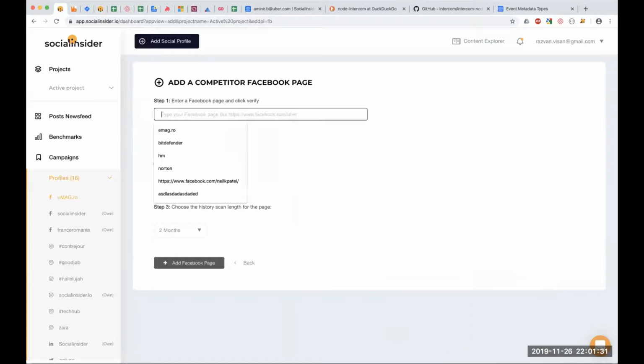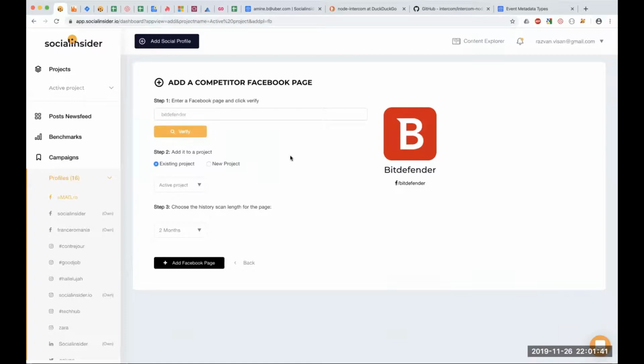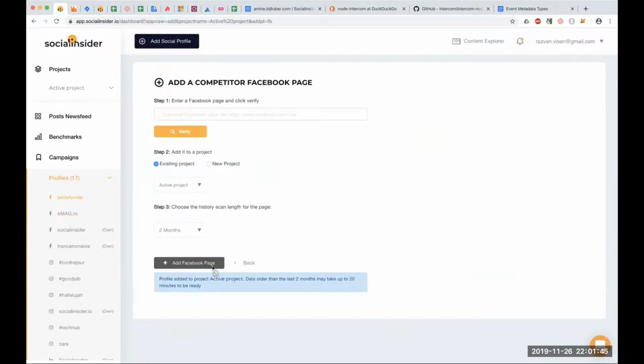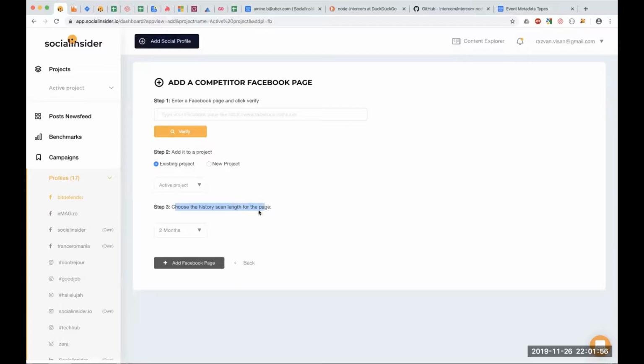So when you add a Facebook competitor page, for instance, my ex-employer Bitdefender, I have good memories there, you see what's going on behind the scenes. In step 3, you can choose the history scan length for the page.